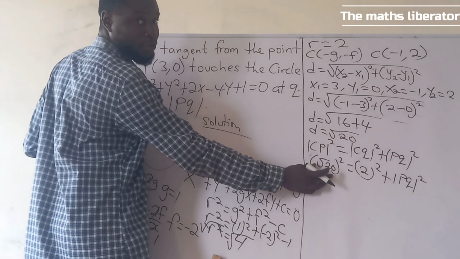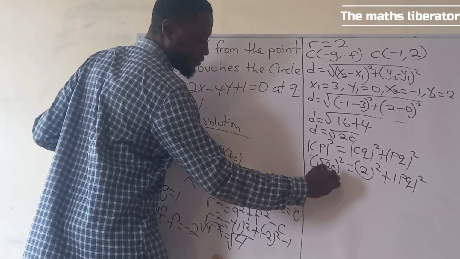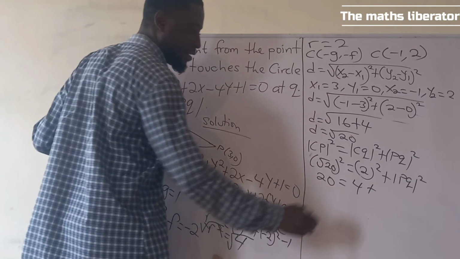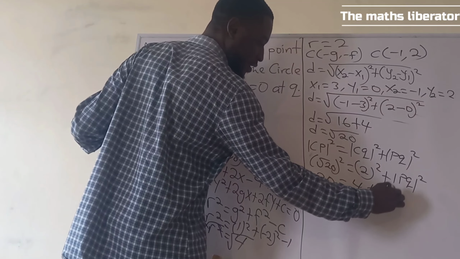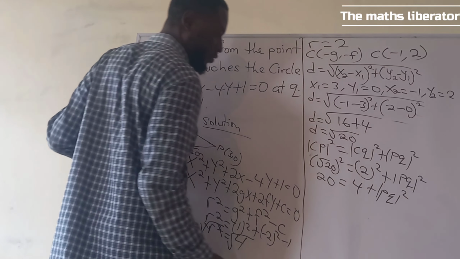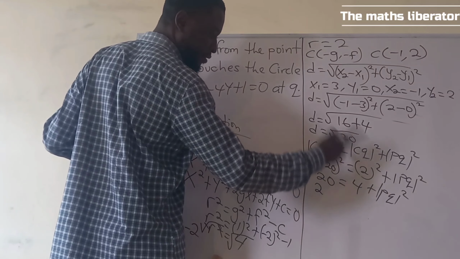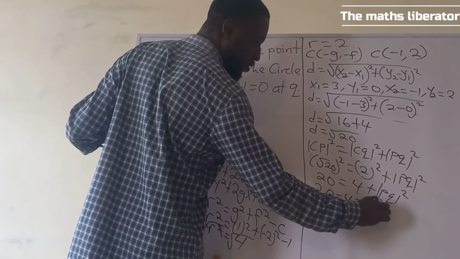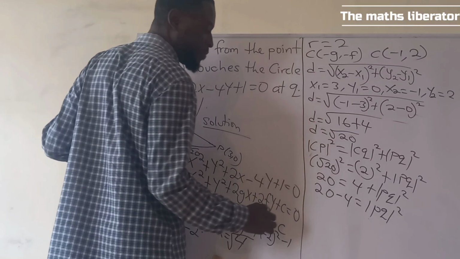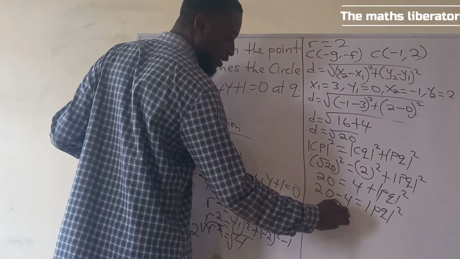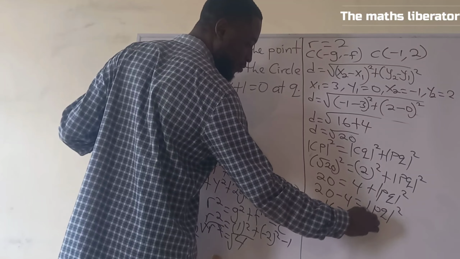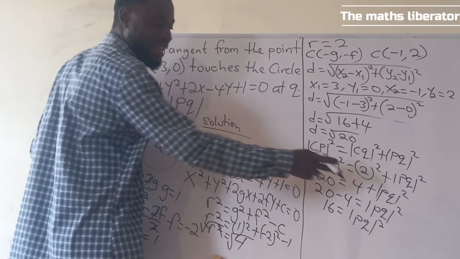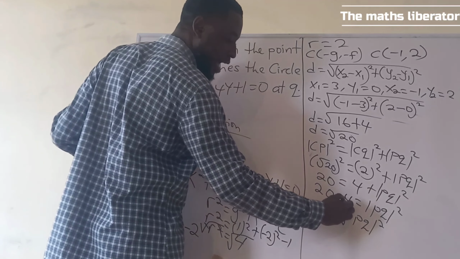So square root of 20 squared gives 20, equals 2 squared, which is 4, plus length PQ squared. So 20 minus 4 equals length PQ squared. 20 minus 4 is 16, so 16 equals length PQ squared. We eliminate the square by square rooting both sides.